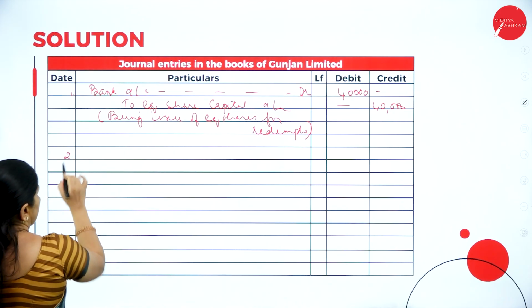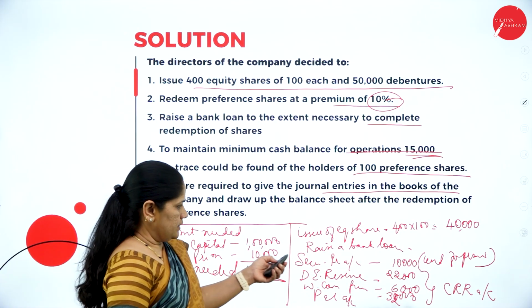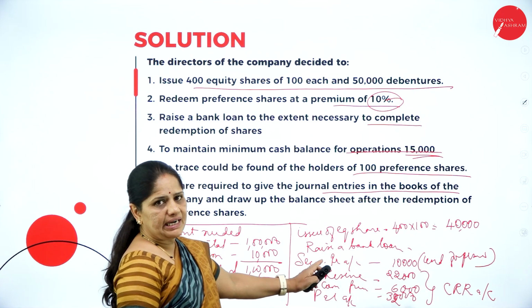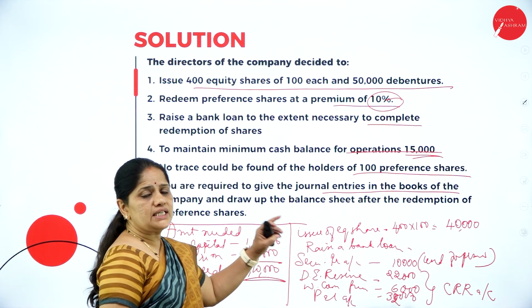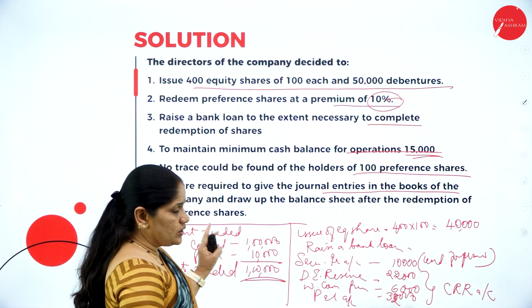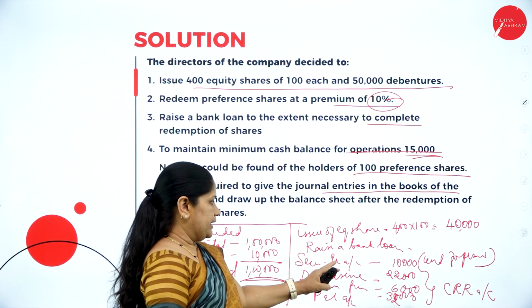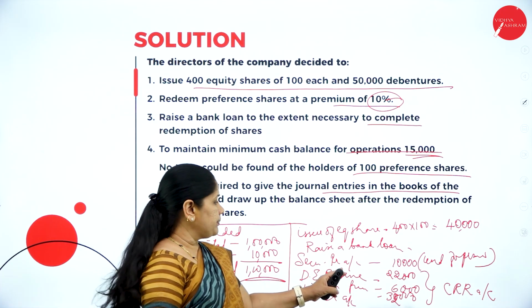Now, the second one will be raising a bank loan. First thing is we have to identify what is the amount of bank loan to be raised. Then next is for providing the premium.